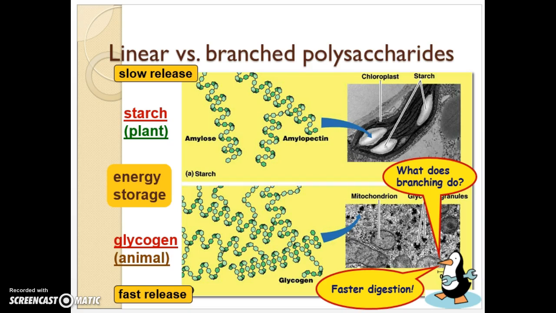And then if you look at starch, an enzyme is only going to be able to work at the two ends to break it apart. And so starch is a much slower released polysaccharide. So it's much more difficult to digest, in essence, because if you remember, to digest means to break apart.